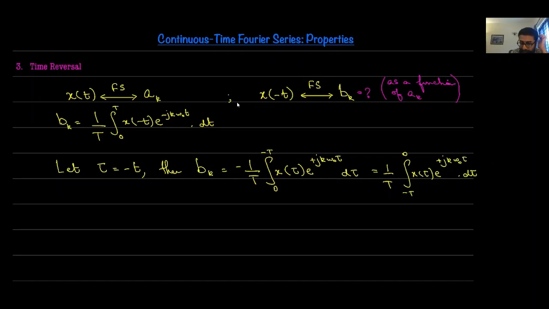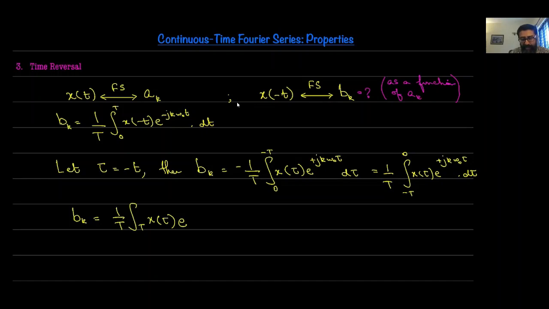Now, one of the things you observe is that this integration, once again, is over one time period. So I can write b sub k as 1 upon T, integral over one period, which is capital T, of x of tau and e raised to the power... there's a plus sign here.